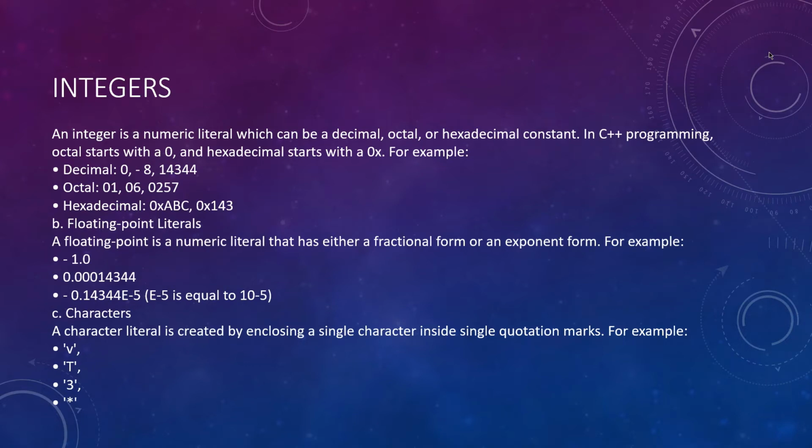A floating point is a numeric literal that has either a fractional form or an exponent form. Here is the example below. For the characters, a character literal is created by enclosing a single character inside single quotation marks. Examples are the ones that are shown below.